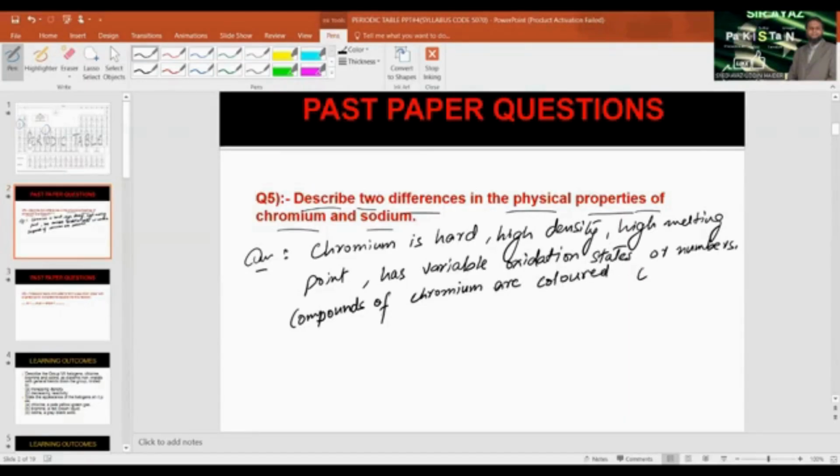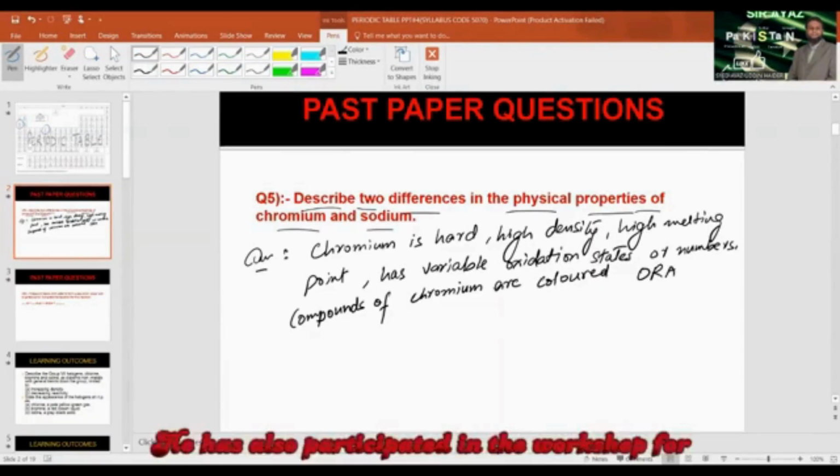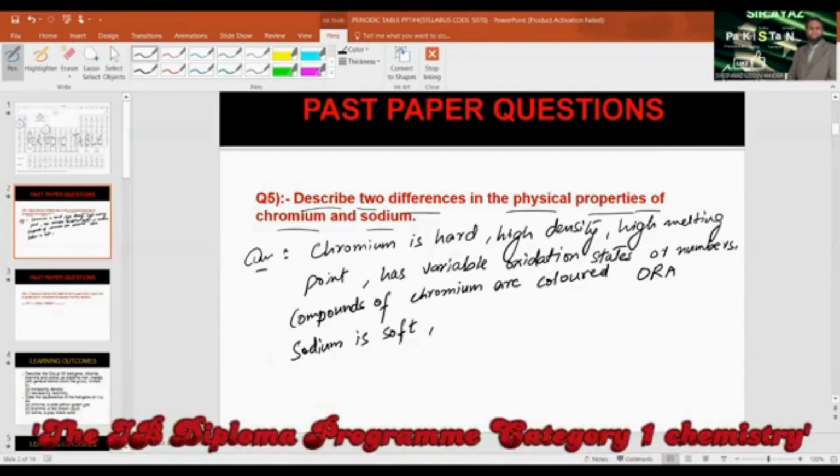Now for sodium, we have the reverse statements. For example, I've written chromium is hard. You can write sodium is soft. In the same way, you can write the opposite statements for sodium, like chromium has high density, you write sodium has low density, low melting point.